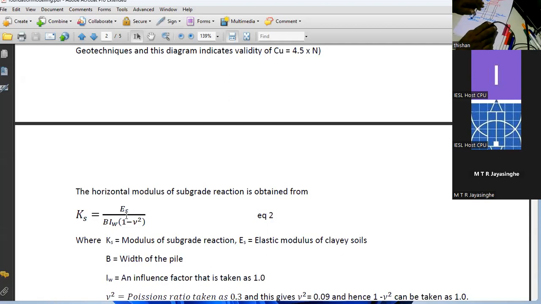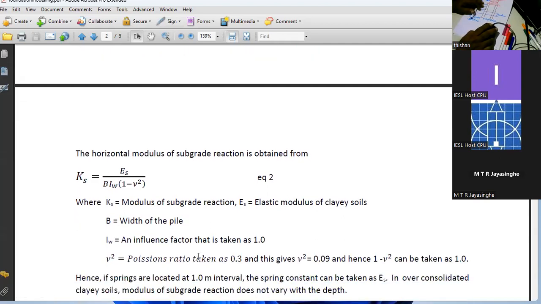Now we have to find Es. B is the width of the pile. Iw is an influence factor which can be taken as 1. And nu is Poisson's ratio, which is 0.3, so nu squared is 0.09.